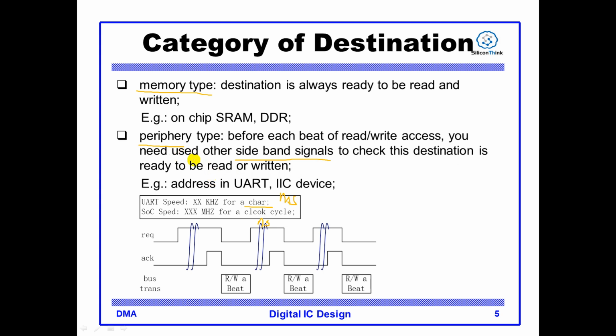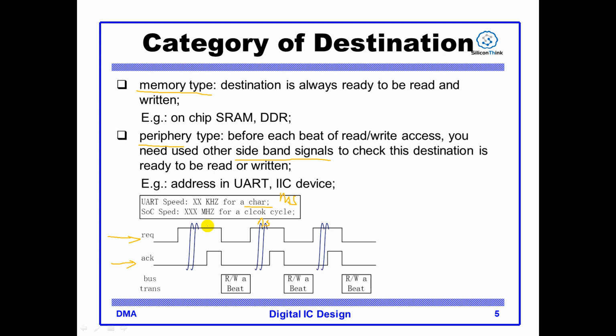And for the DMA controller, it also needs to handshake with the UART block first to make sure there is already data available for read. For example, the DMA controller may assert the request signal high when it wants to read data from UART, and the UART block may assert the acknowledge signal high to acknowledge the request.